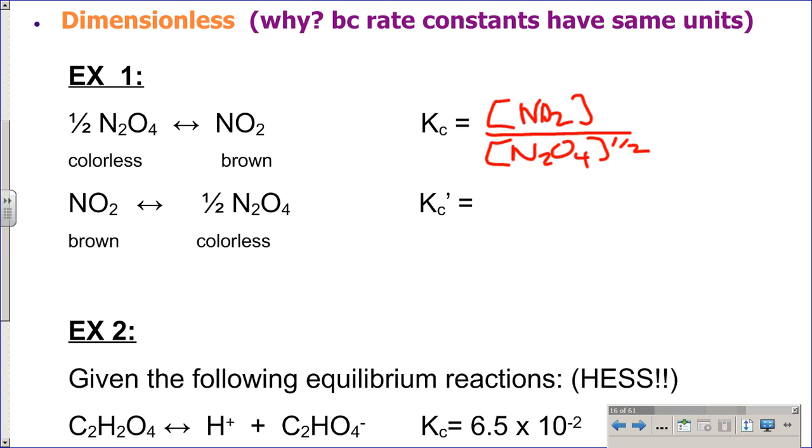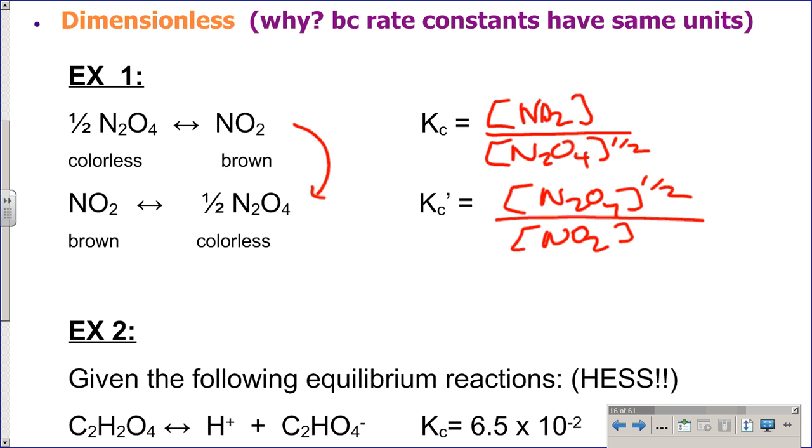How does it change when I go from here to here? All right, so the reaction flips, so what happens to the K? It's inverse, okay? So I'm just going to switch the numerator and denominator: concentration of N2O4 over concentration of NO2. All right, so it's not really that bad. It's just learning how to manipulate.